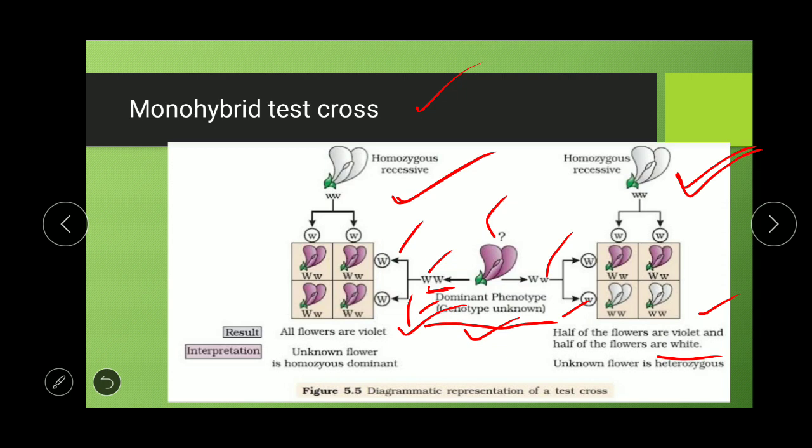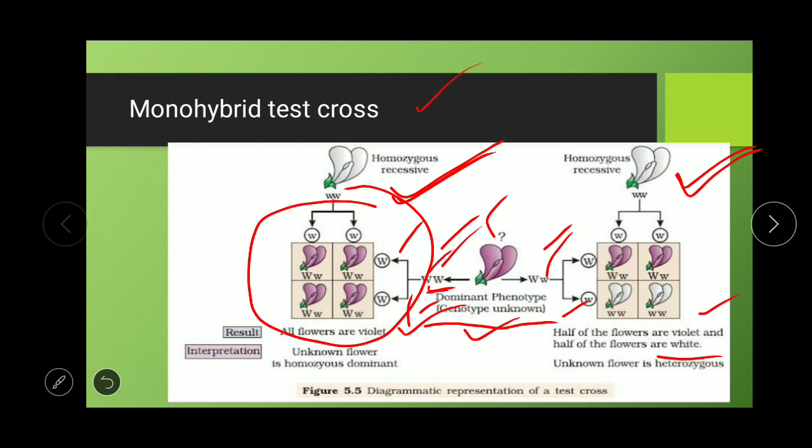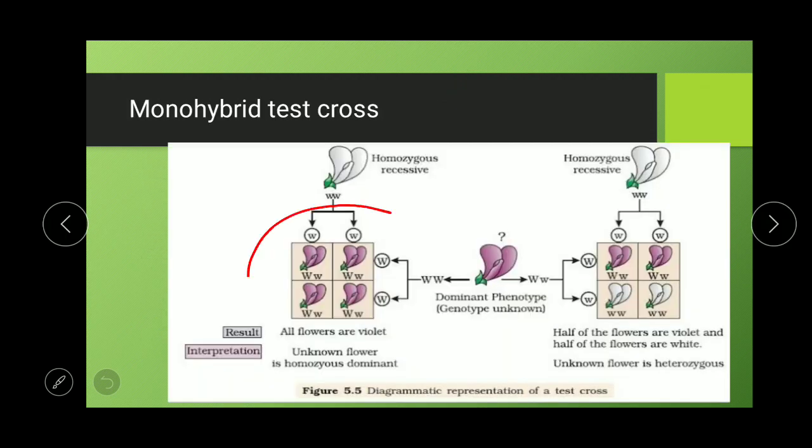So how will you know? You will know by using test cross. So here you have to take homozygous recessive. These two genotypes you don't know, you are getting these results, then you can infer that the genotype is capital W capital W, homozygous dominant.